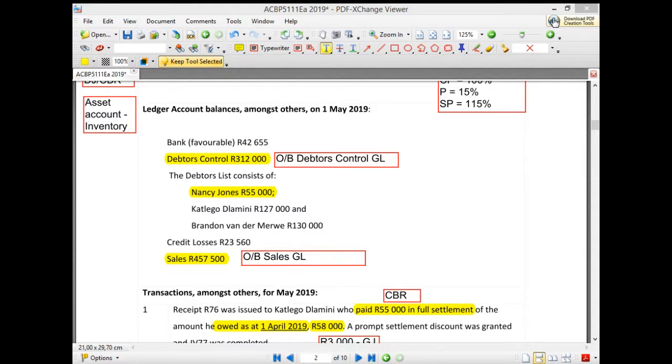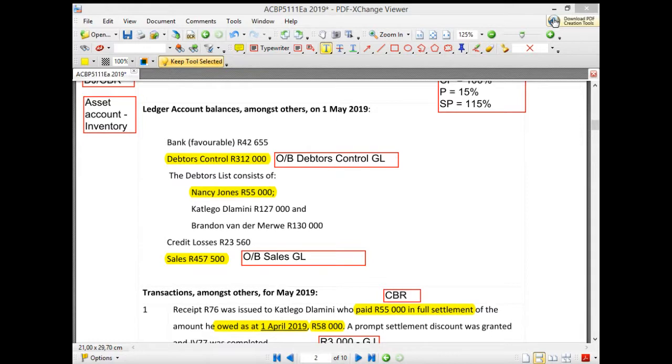So we know the debtors' journal, if we've got debtors control, so our sales increased, this would be debit your debtors control and we would credit your sales account. Okay, so we're increasing your debtors balance and we're increasing the amount of sales. Now knowing that information, I know the debtors control out of the debtors' journal is 63,000.